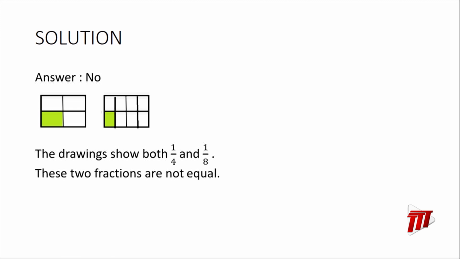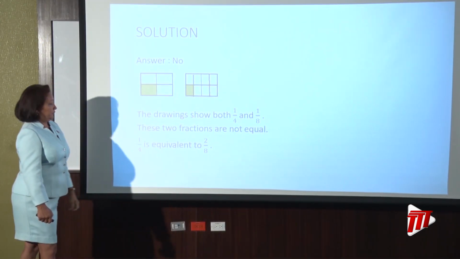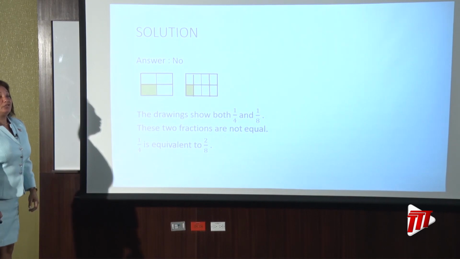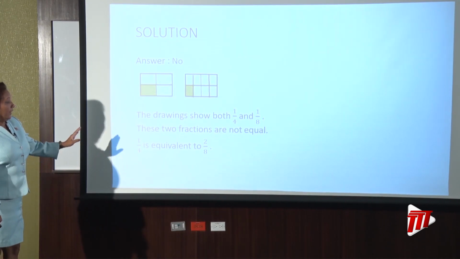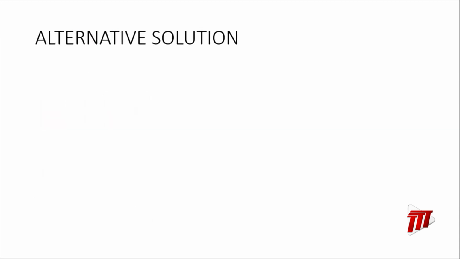Clearly, this area is larger than that area. We know that a quarter here is equivalent to 2 eighths. In that instance, therefore, a quarter cannot be equal to 1/8. All right, that's one way of looking at the question.